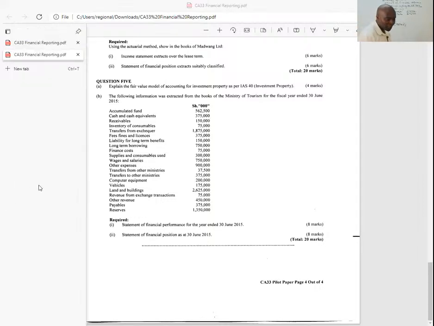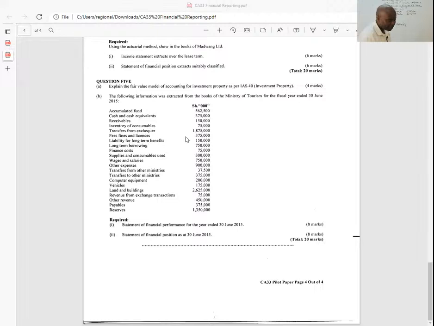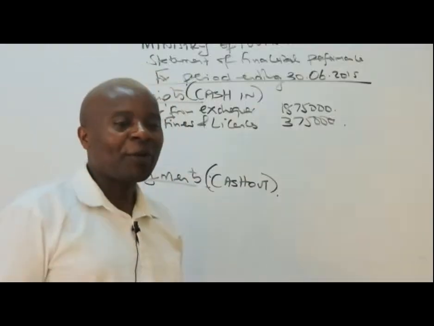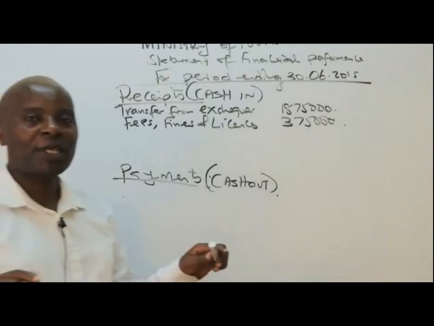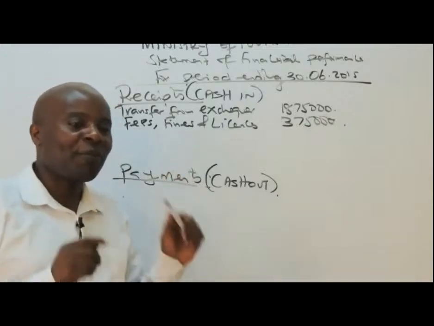Now, the next one, of course, we had mapped liability. We said liability is for the financial position. Finance cost, the interest. Where should I put the interest under performance? Is it under receipts or payment?